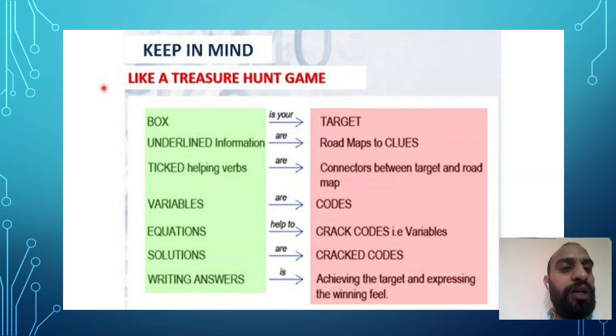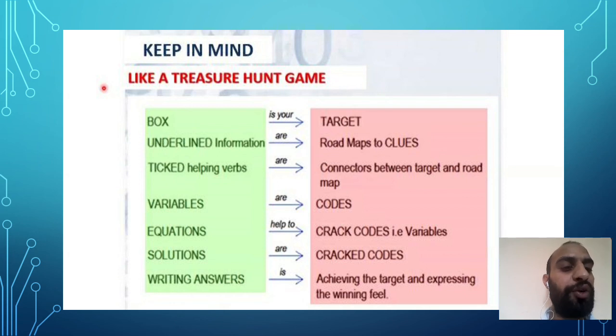Underline the information, or the roadmap clue. That means first underline the information that will tell you the roadmap, where to go and what to find. Then take the helping verbs, which will tell you where to put the equals sign, where to put multiply and minus.